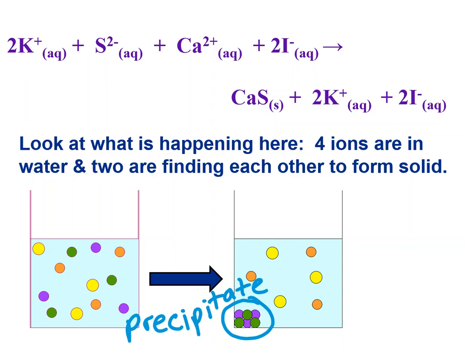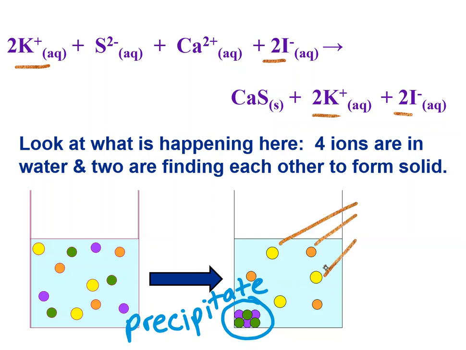Okay, these other ions didn't do anything. They started off, so it's the potassium and the iodide, they started off just floating around like the orange and the yellow, and after the reaction they're just floating around. They do not change at all, and we have a special word for those. We call them spectator ions.